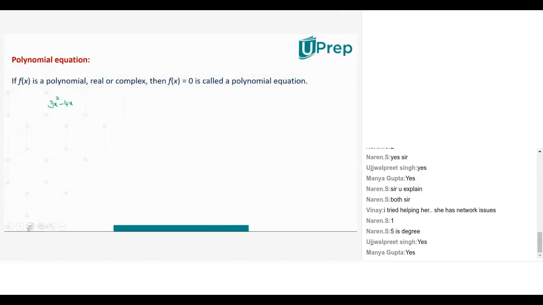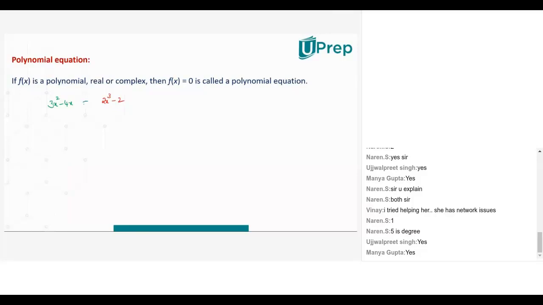Two different polynomials, right? If I join them both, this polynomial and this polynomial, if I join them with an equality, we get an equation, right? This is basically called an equation.